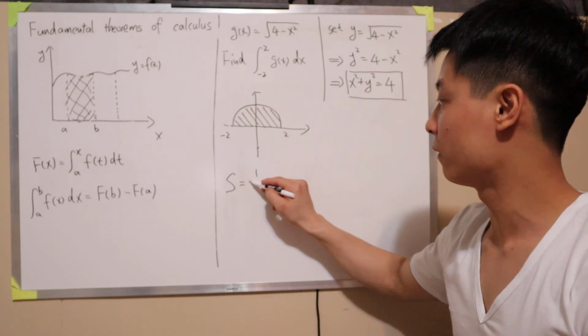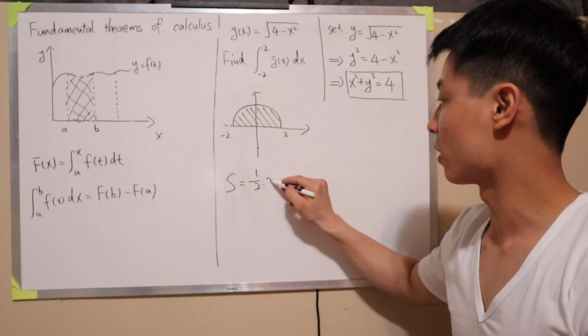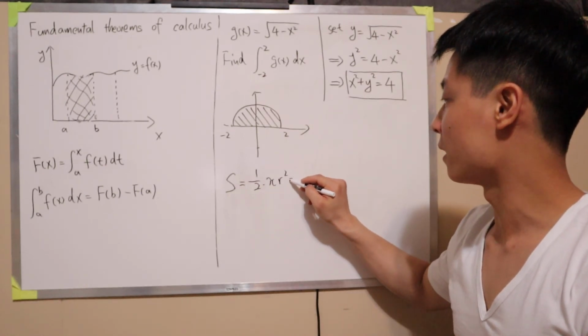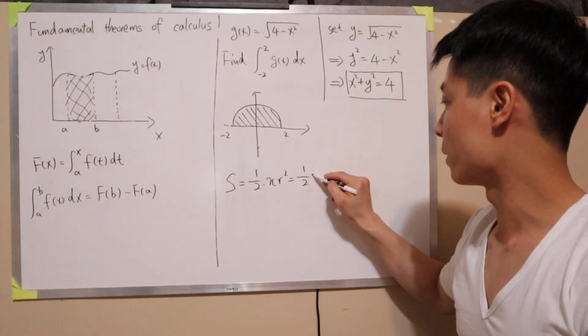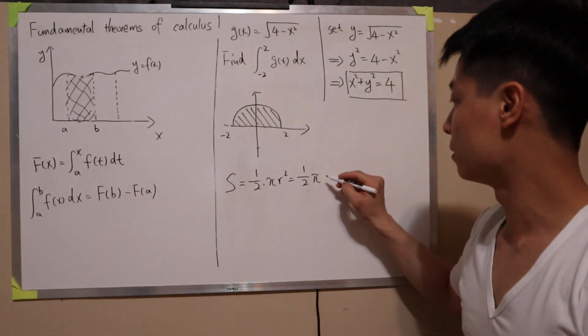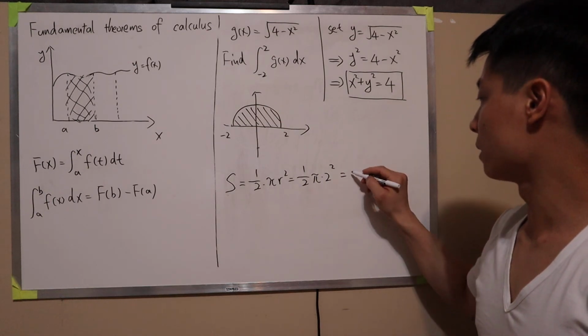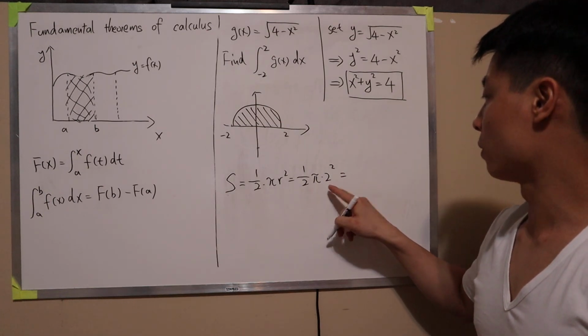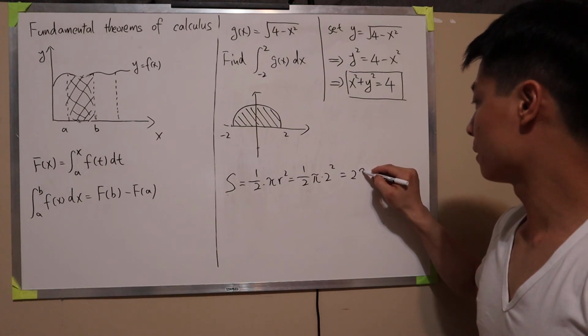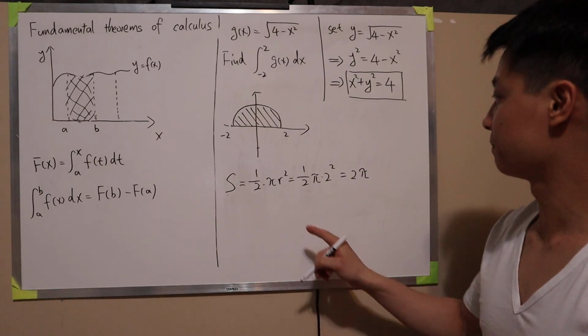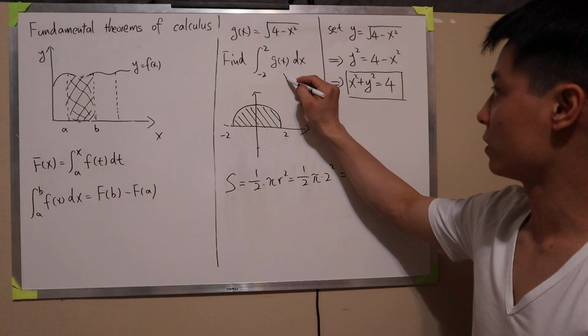It's going to be half of pi r squared. And now the radius r is just going to be 2, so 2 squared. So we have 1/2 times pi times 4, which is 2 pi. Right? So we find the area here, just 2 pi.